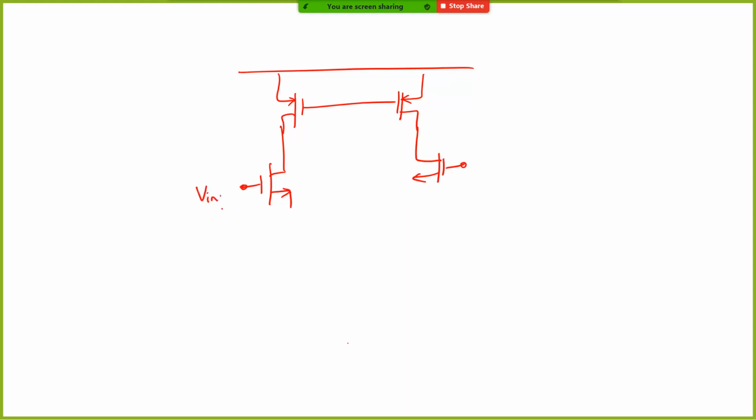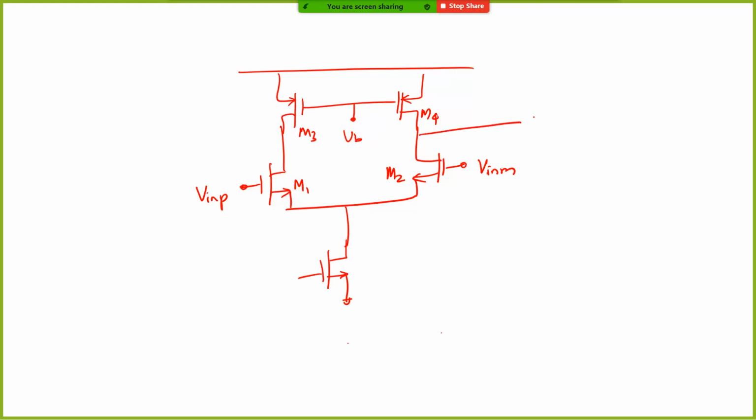This is our Vin P, Vin M, and we have our current source. Okay, let's call this M1, M2, M3, and M4. Okay, this needs to be biased somehow, which obviously we know how to do, right? And now this is your first stage.